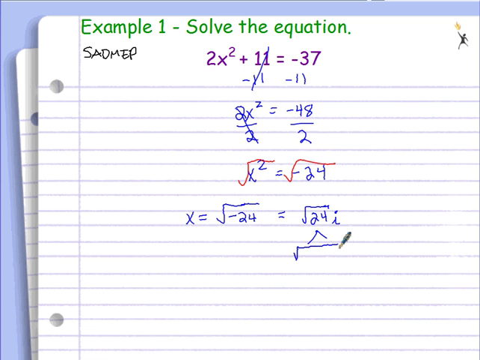The square root of 24 is the square root of 4 times 6, which would give me 2 square root 6i. So my answer is x equals 2 square root 6i. Actually, two answers, a positive and a negative 2 square root 6i.